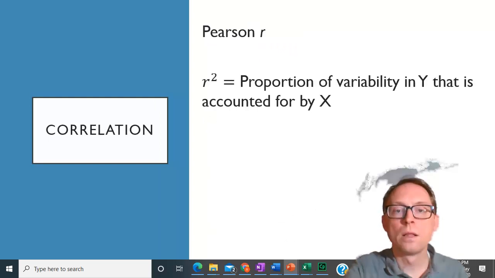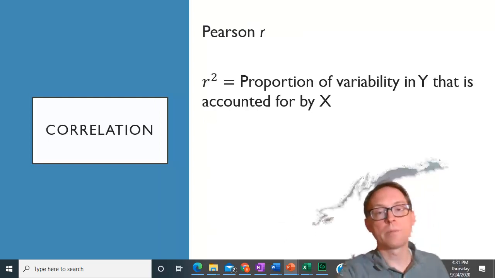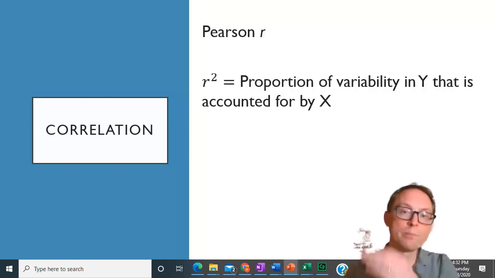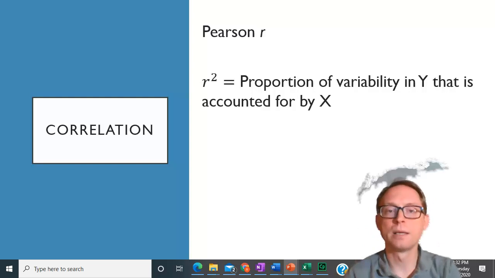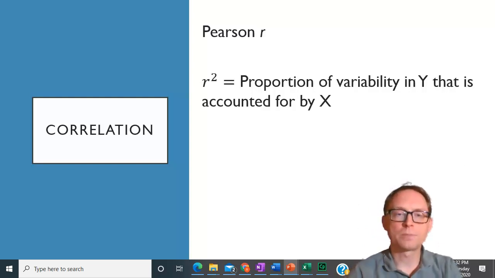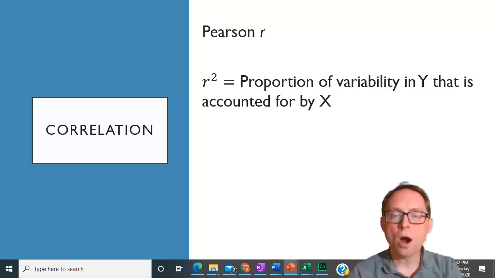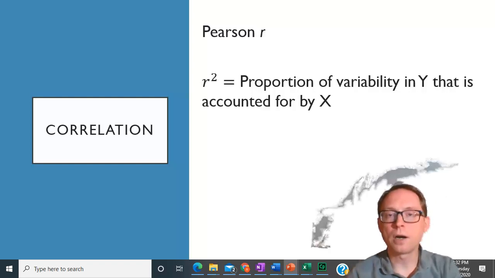One thing that we did not talk about, I want to make sure that we discuss before we go any farther. I know this is based mainly off of the last chapter, but there's a separate concept called the effect size. When we look at R, remember, Pearson's R is standardized.